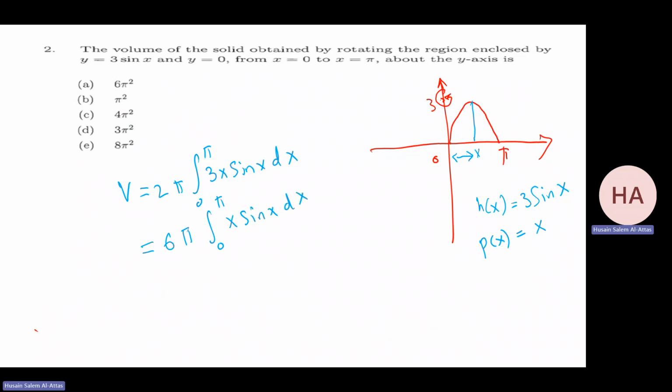To do that, you need integration by parts, which is in 8.0. But let me give you the result. That will be, which is easy to check, minus x cosine x plus sine x.